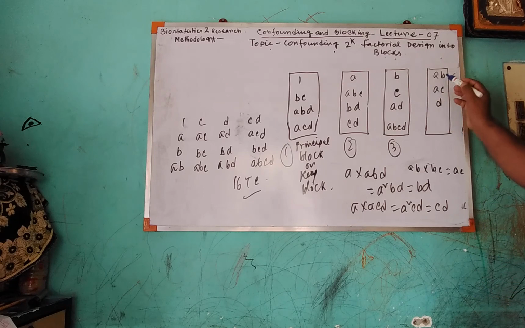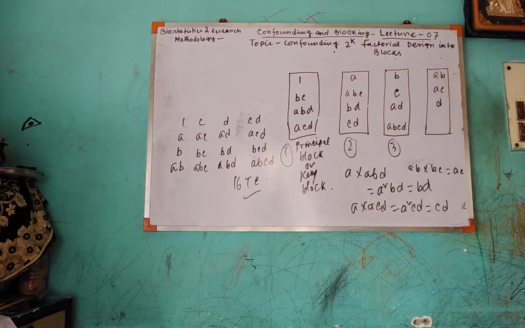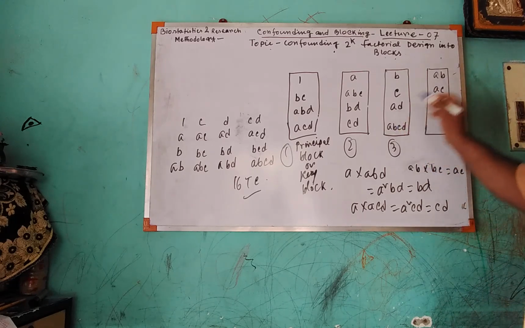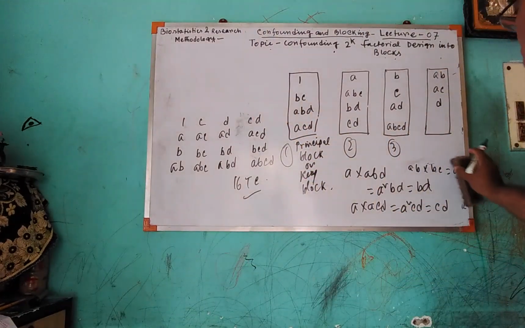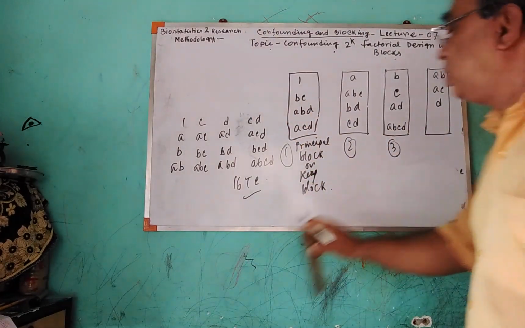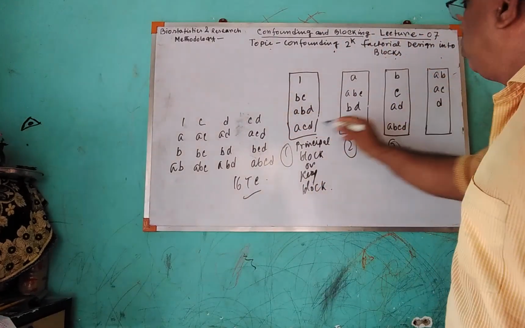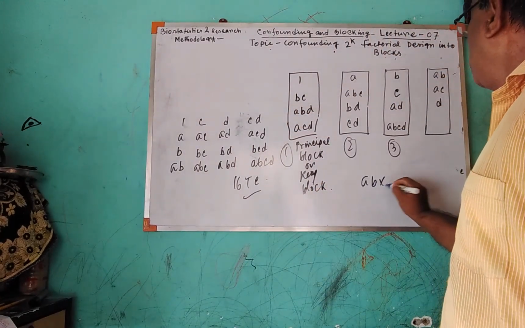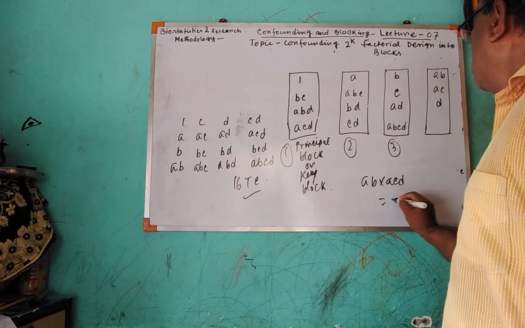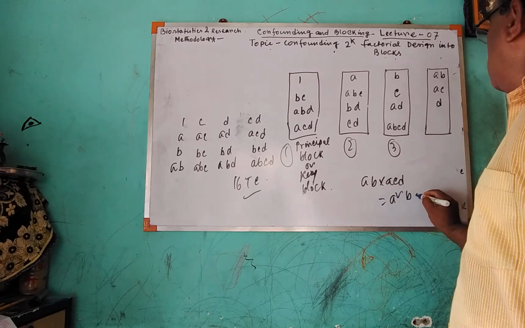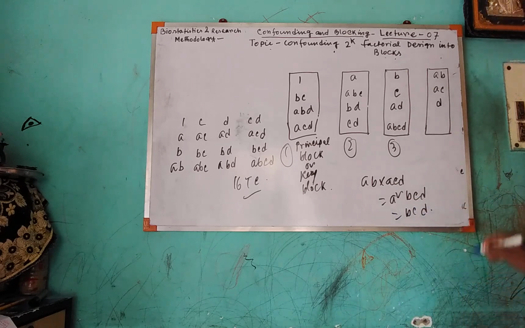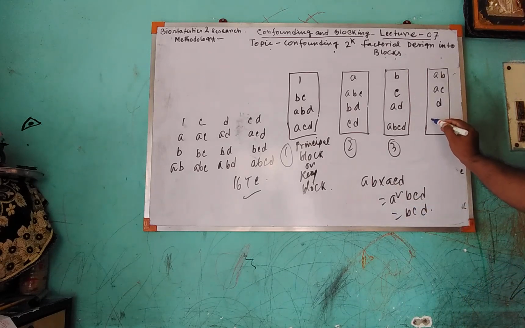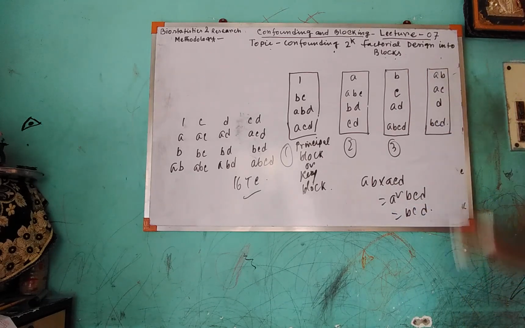Now AB into ACD, you can check it. AB into ACD is A square BCD. A square equal to 1, so that is BCD. So we write here BCD. That means this is the fourth block.